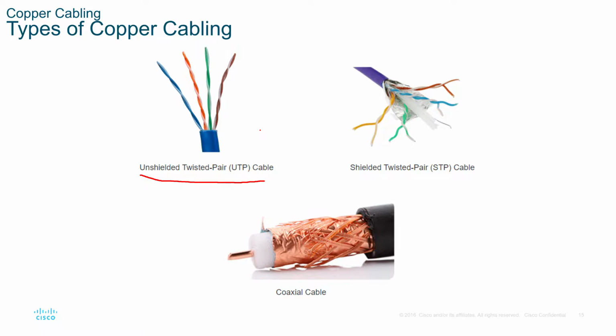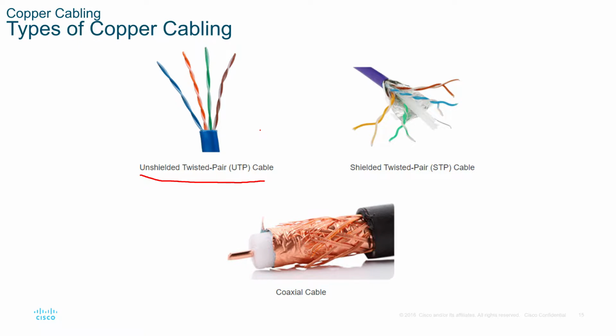They both look the same. The difference with plenum is that the material in the plastic does not give off toxic fumes in the event of fire. So we have to use that type of cable in areas where people may be overwhelmed in the case of a fire by the fumes coming from these cables.